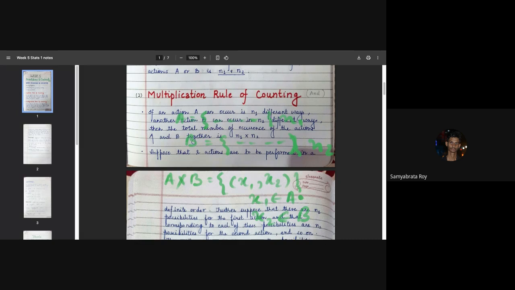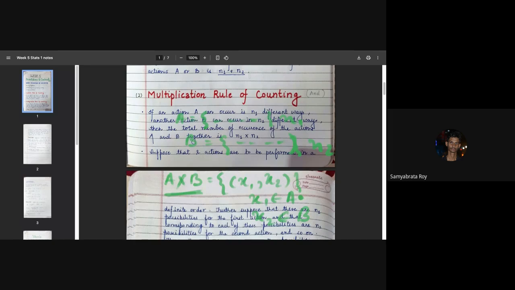If that is true, then the number of available elements in this set, or cross product, is the number of ways in which we can execute A and B simultaneously.